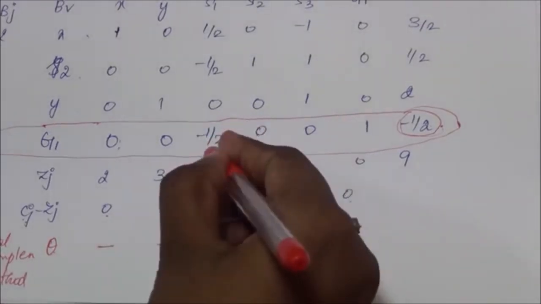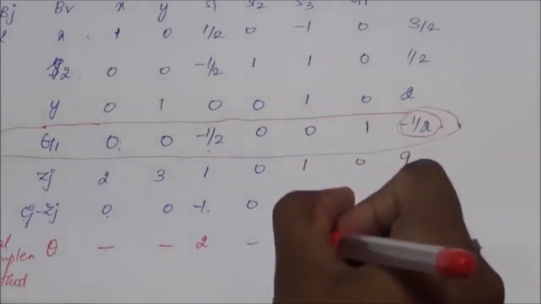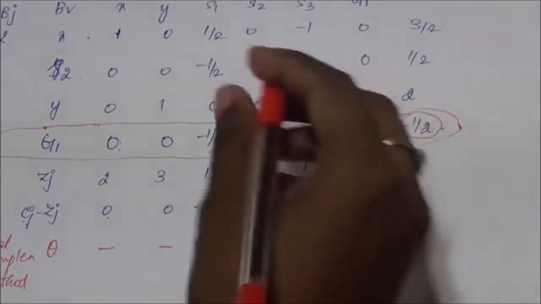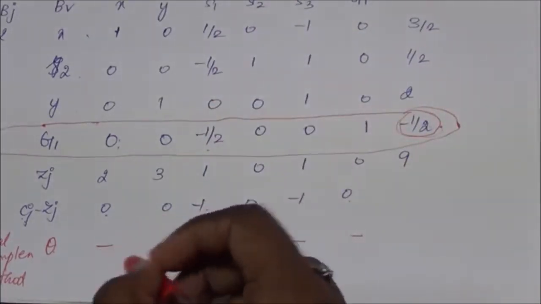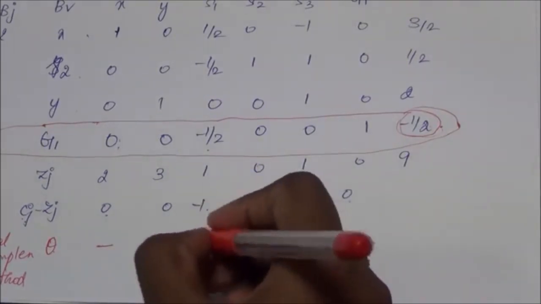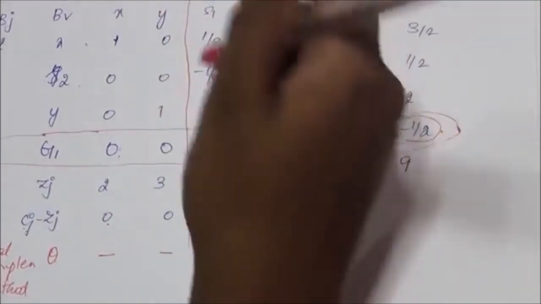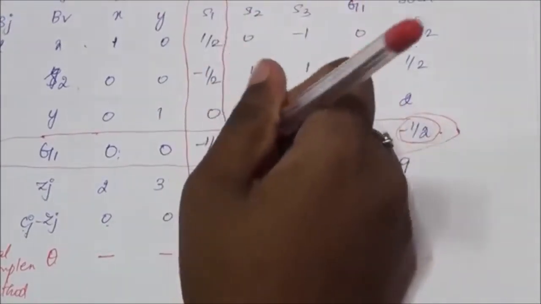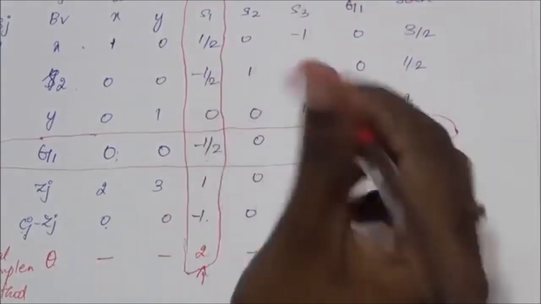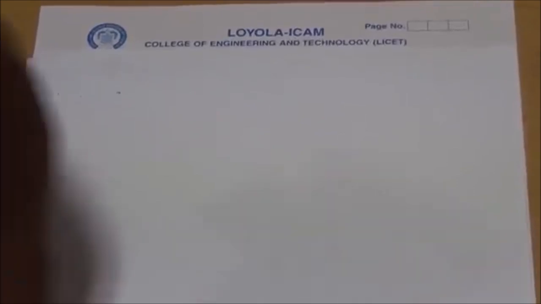Minus 1 divided by minus 1 by 2 is 2. 0 by 0 again a dash. So only the leftover value is 2. If we have one or more values, we should select the least value. Here we have only one value, so this will be the pivot column. So we go for the next iteration, which is iteration 2.